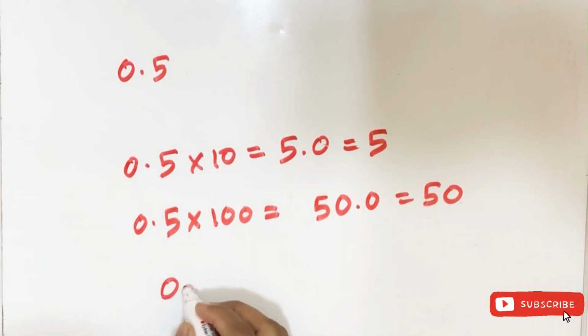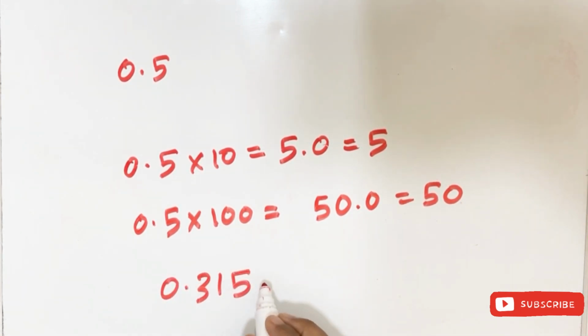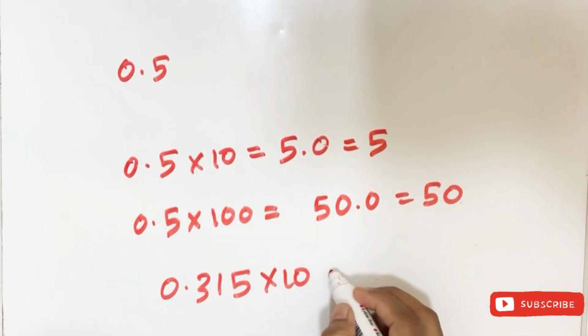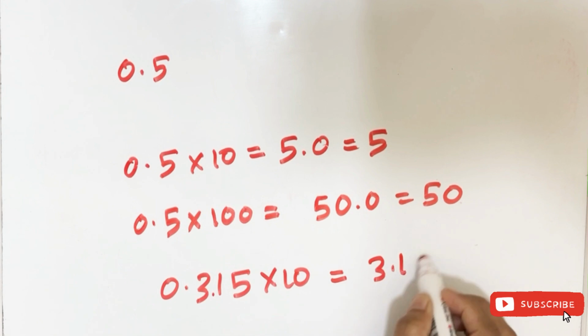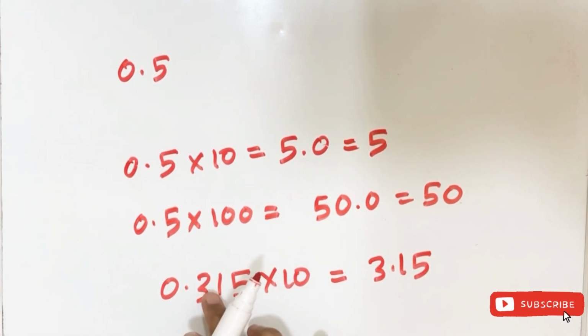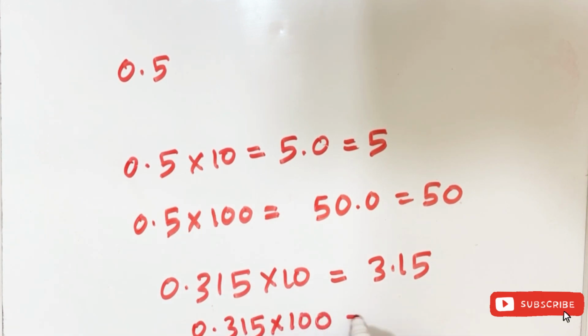If I multiply 0.315 by 10, what will happen? The decimal point will move to the right 1 place. That is 3.15. If I multiply 0.315 by 100, the decimal point will move 2 places to the right.